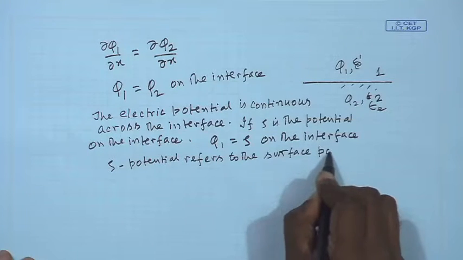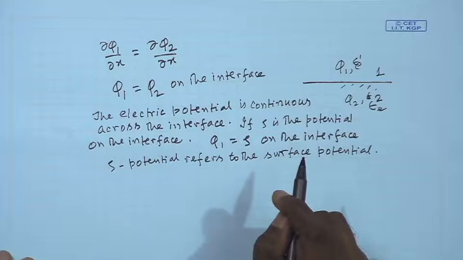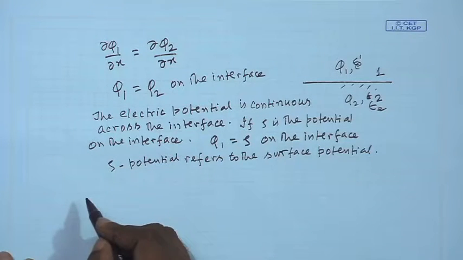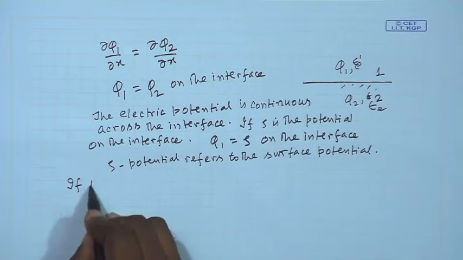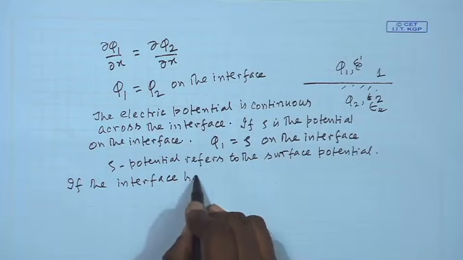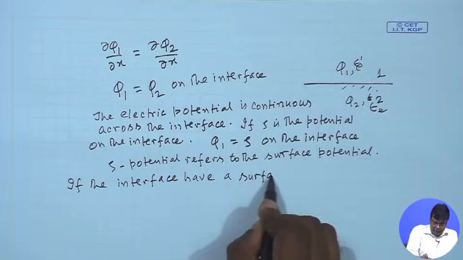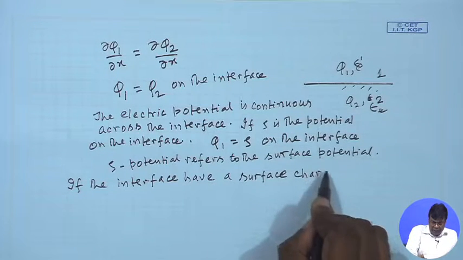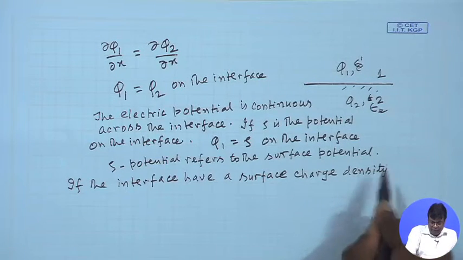Now, suppose the interface possesses a charge density, say sigma s. The surface charge density need not be constant; it can vary along the surface.